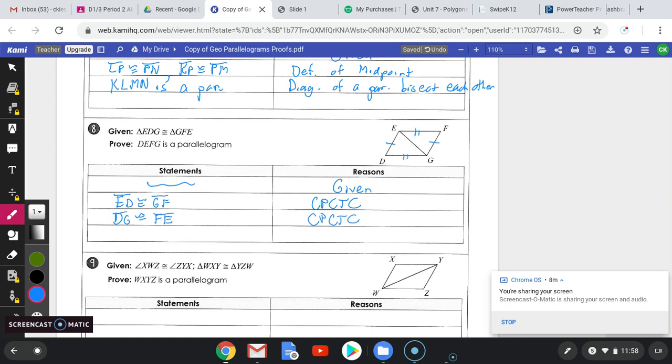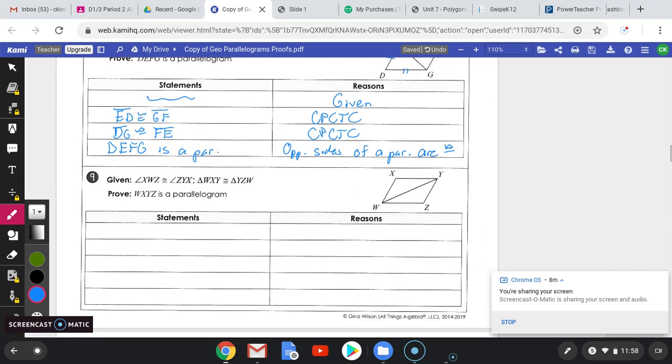And now when I mark this, didn't I show that opposite sides are congruent in this figure? So I can go right to saying that figure DEFG is a parallelogram because opposite sides of a parallelogram are congruent. Again, you've utilized one of the properties to help you determine that it's a parallelogram.